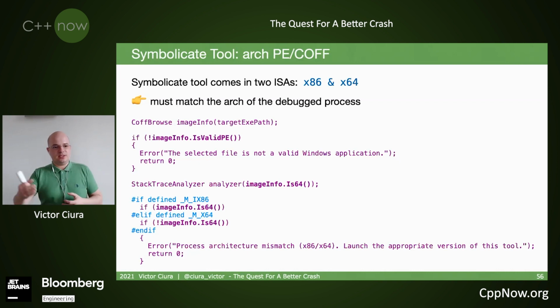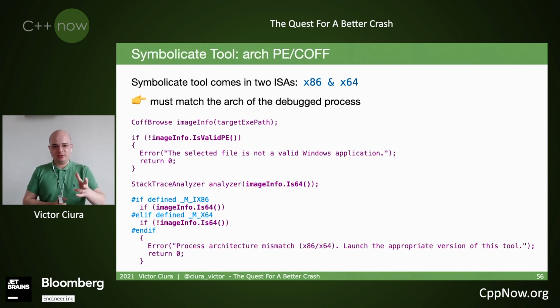And again, you can check if you have a valid portable executable. If you're not familiar with PE, portable executable, and COFF image formats, these are the executable formats on Windows, and COFF is the binary object file format in Windows. They're pretty well documented. If you want to dig more and learn more about them, there's plenty of documentation and even tools to help you with this. And you have a StackTrace analyzer helper here.